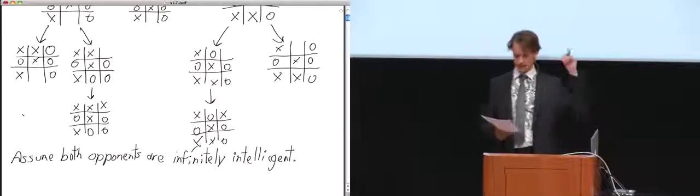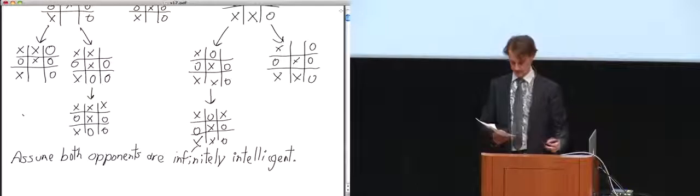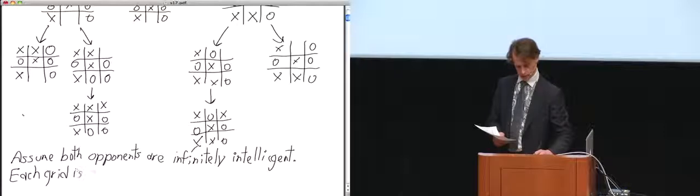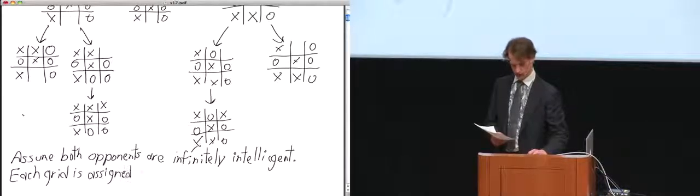Once we've expanded this tree, well, actually while we're expanding this tree, we want to give each grid a score. So each grid is going to be assigned a numerical score that indicates how optimistic we are about winning.